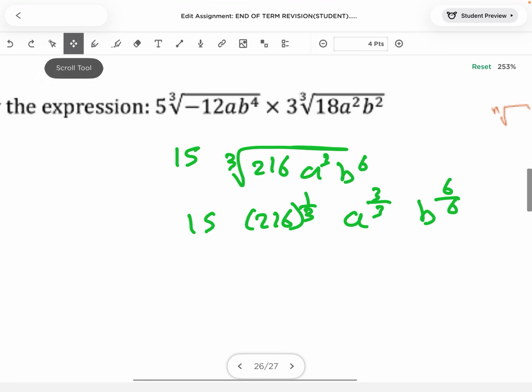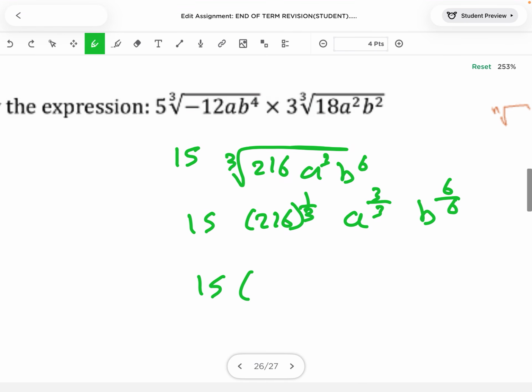Let's continue. 15, 216 to the power 1 over 3. This is negative, by the way, right? Let me put it in red. Negative 216 to the power 1 over 3 is negative 6. A, B to the power 2. 15 times negative 6 is negative 90 AB squared. Alhamdulillah.